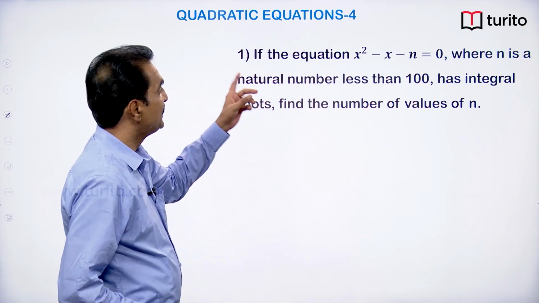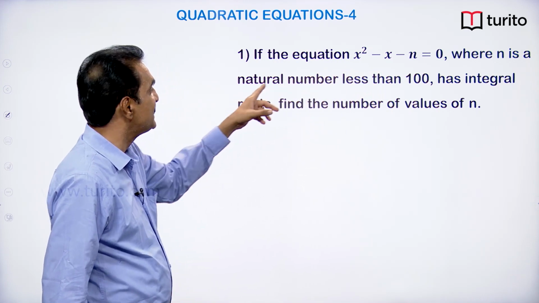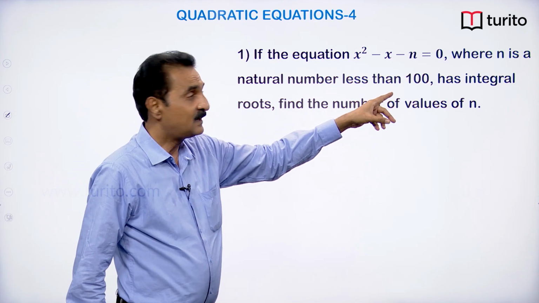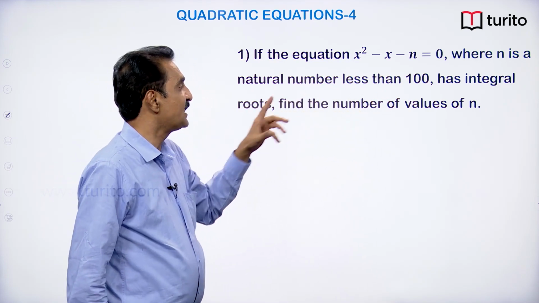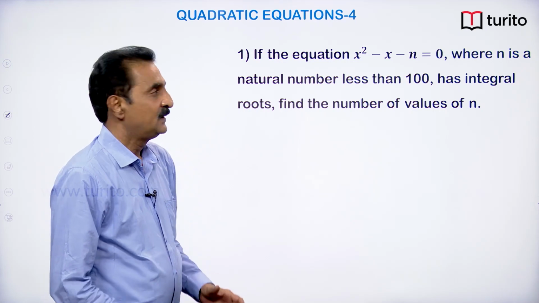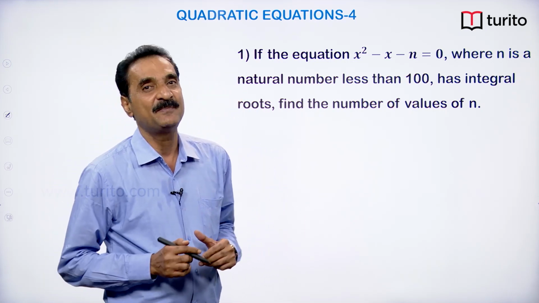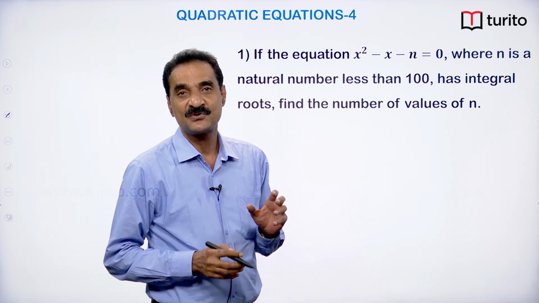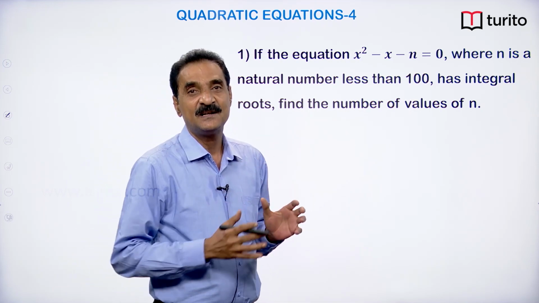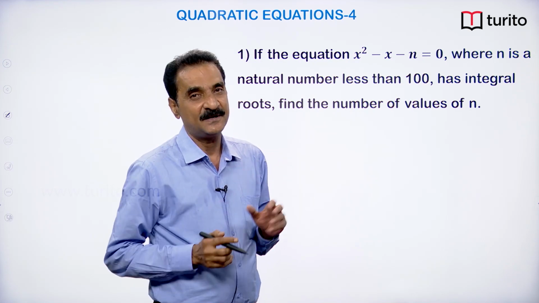If the equation x square minus x minus n is equal to 0, where n is a natural number less than 100, has integral roots, find the number of values of n. Usually for real roots or imaginary roots we use the discriminant, but when it is said that the equation has integral roots, the approach should be completely different.